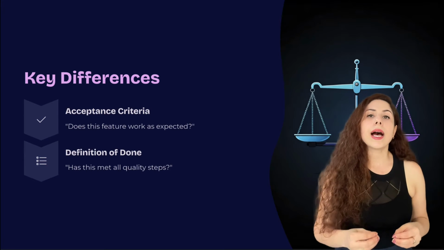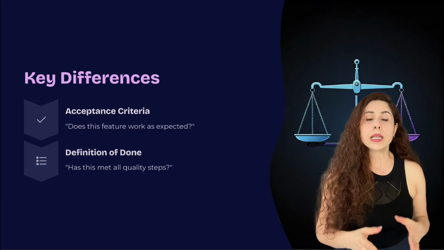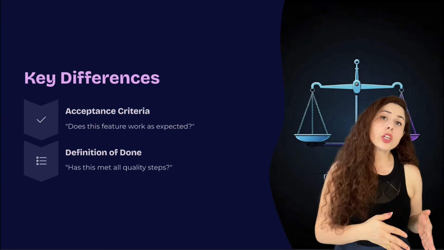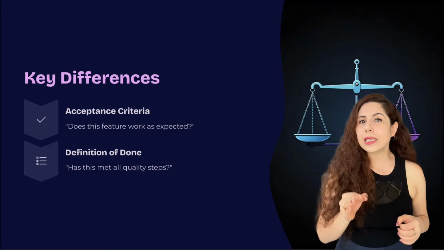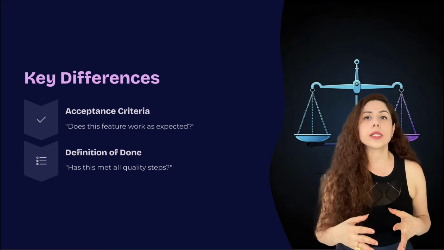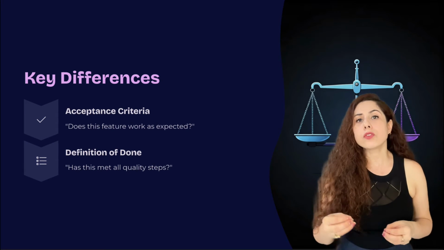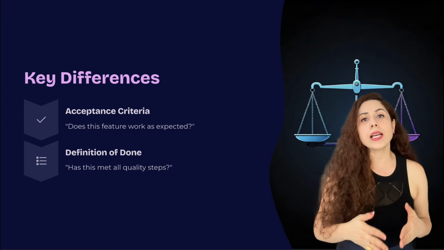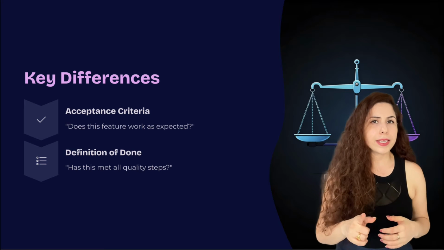We can say that acceptance criteria answers, does this feature work as expected? And definition of done answers, has this feature met all the quality steps we always follow? And we need both of them. The quality as well as the functionality matters, right?